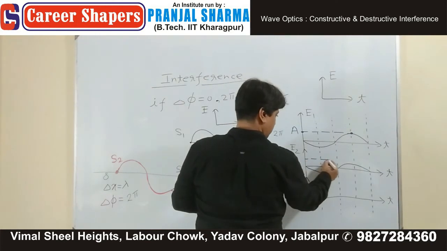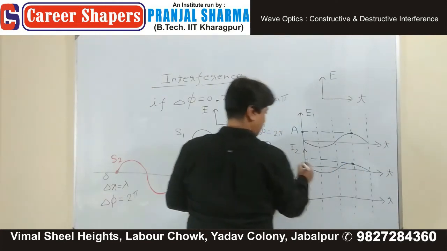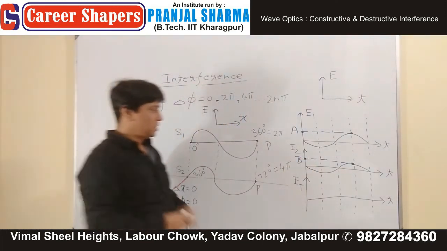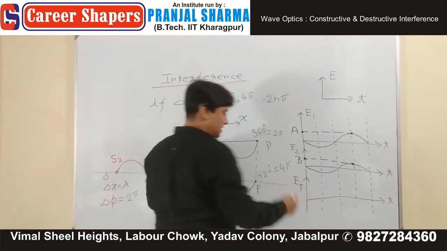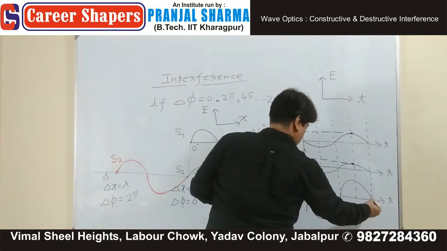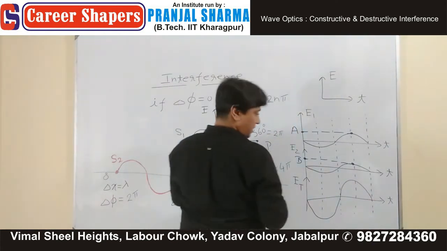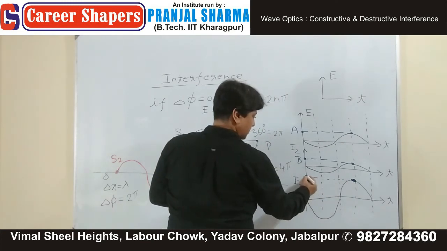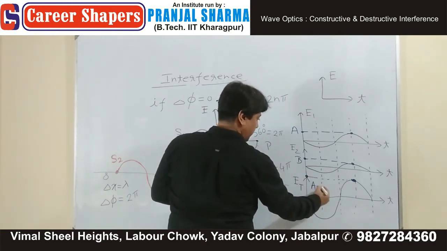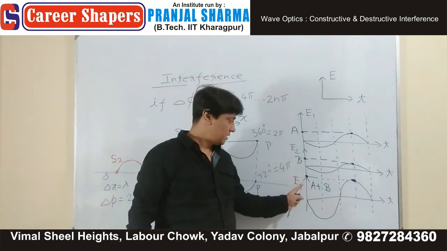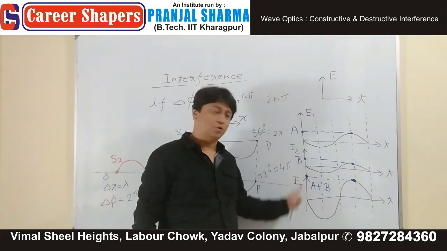This is B, the maximum electric field due to the second source. When these two superimpose, you get something like this. Immediately, this height is now A plus B. A plus B is for this point, and the arrow is for the vertical axis, E total.